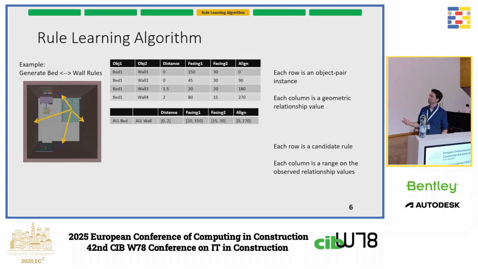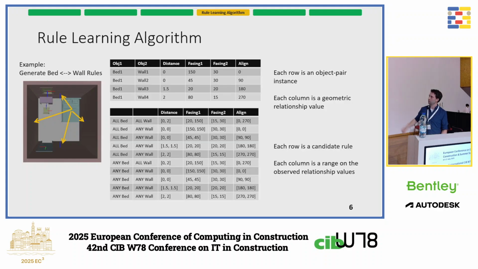In the all-to-all case, like a many-to-many, you look at all of the relationships and create a range of acceptable values to capture the observations. We do that for one example, by combining these one-to-one and one-to-many relationships. And then we have a bunch of what we call candidate rules, which are essentially all valid potential rules that you could express or capture from the one example.